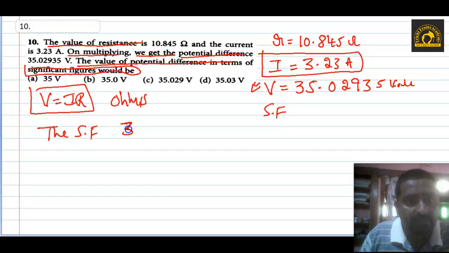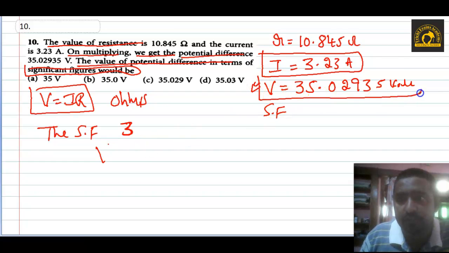The question is the potential difference in terms of the correct significant figures. So the potential difference is given as this much, then the correct significant figure is 3. 1, 2, then it is 0.3.